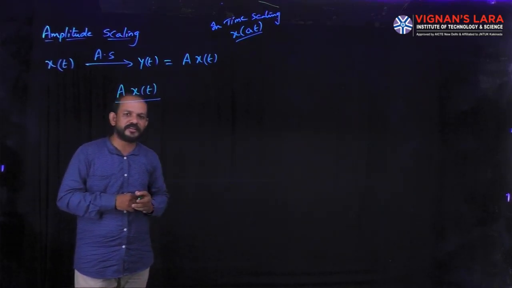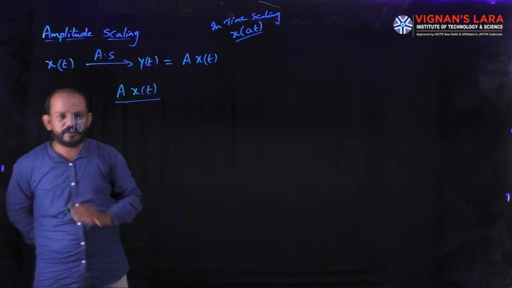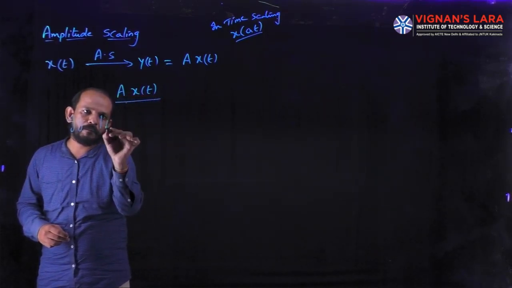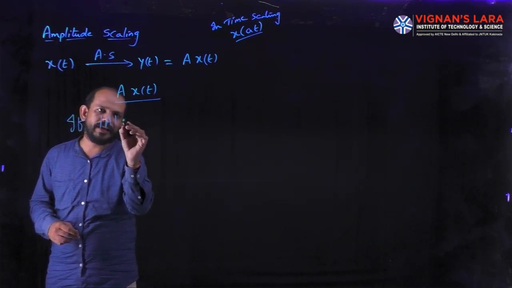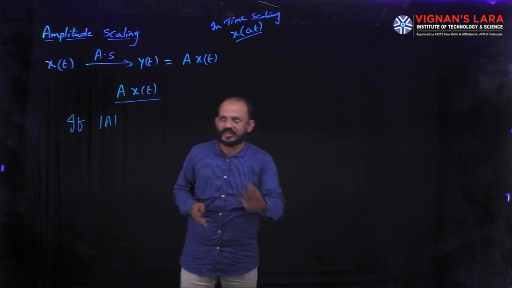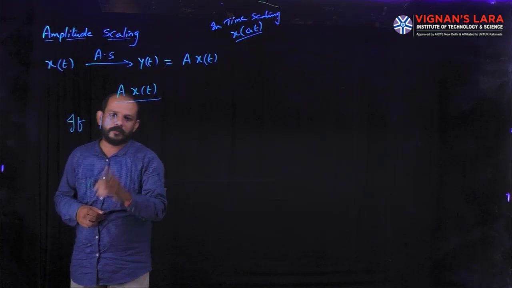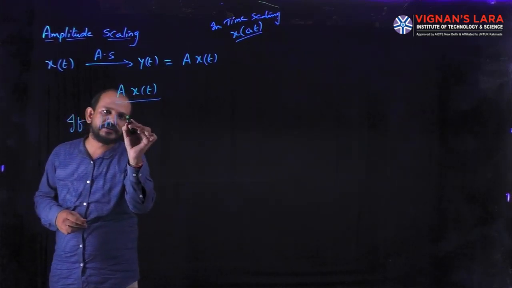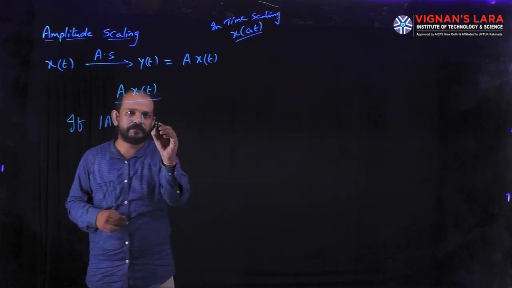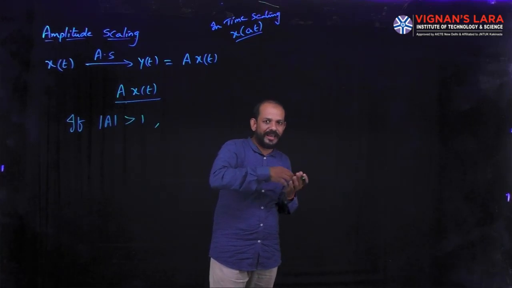Simply, to say it in a simple manner, if mod of A, the magnitude of A, so generally we treat that value as positive. Okay, if mod of A is greater than 1, then the signal will be increased or amplified.